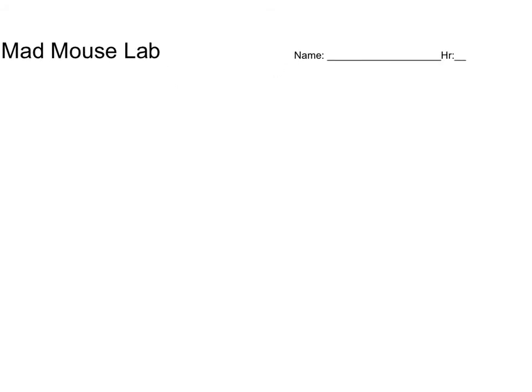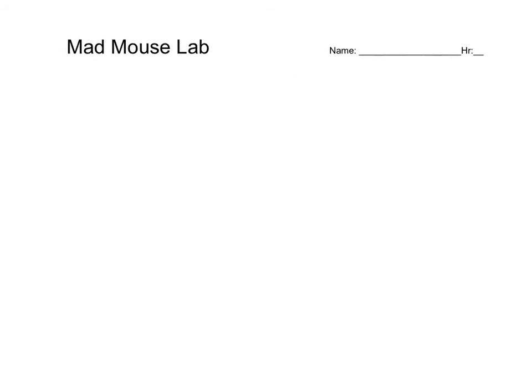All right, anyway. And you just have something like this. See how it says Mad Mouse Lab at the top? And you have your name, and then you start from there. And what I would do is put purpose. It's okay for you to write it out, because I know you're on an iPad and you don't have a keyboard. If you write, though, you need to write it legibly so somebody can read it.